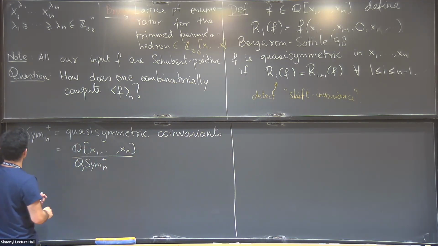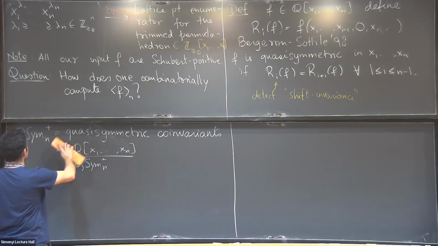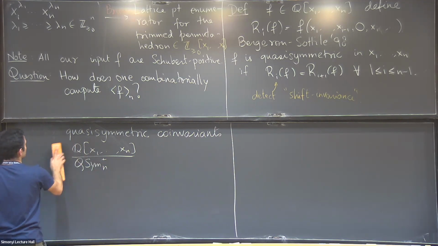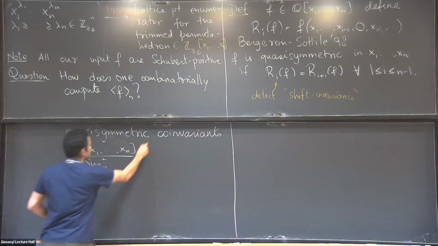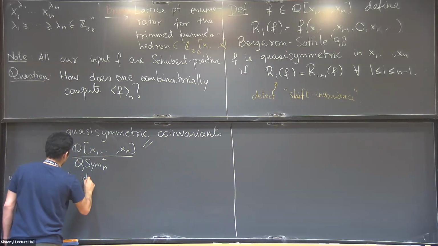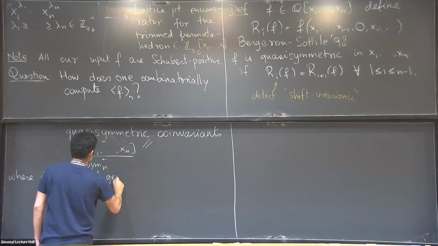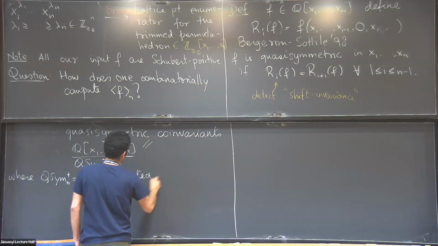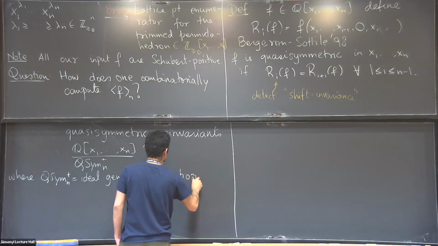Oh, so these are, my apologies, I should have written, so this equality is this equality, where QSym_n^+ is the ideal generated by quasisymmetric polynomials of positive degree.